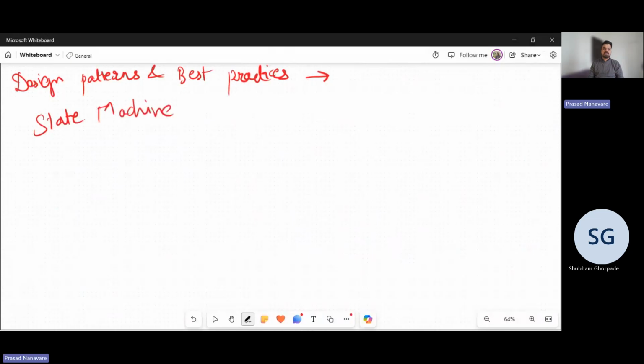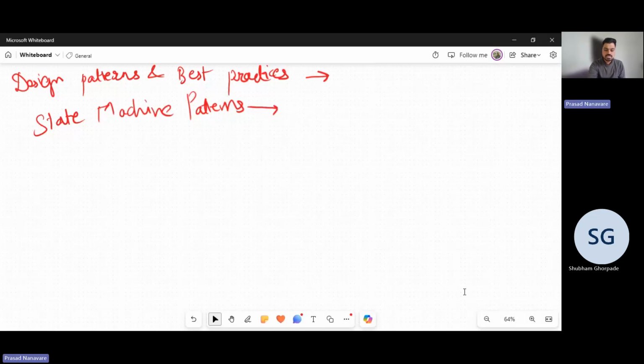स्टेट मशीन कभी स्टडी की है तुम लोगों ने? हेलो शुभम। शुभम, गुड मॉर्निंग। Shubham, you there? Yes, sir.